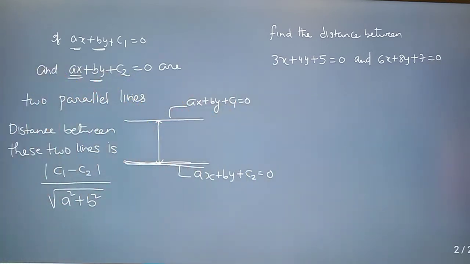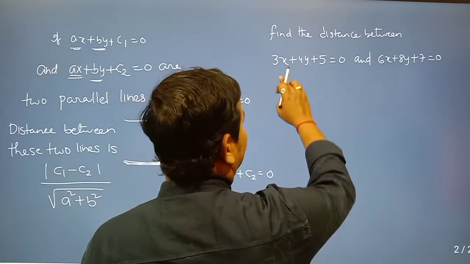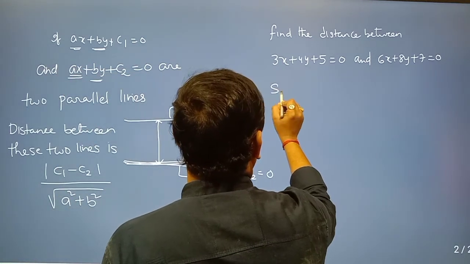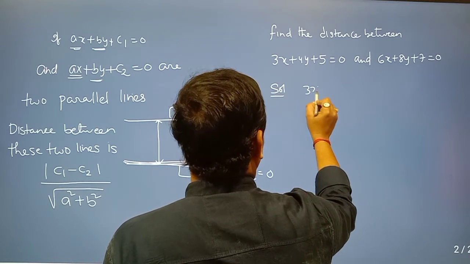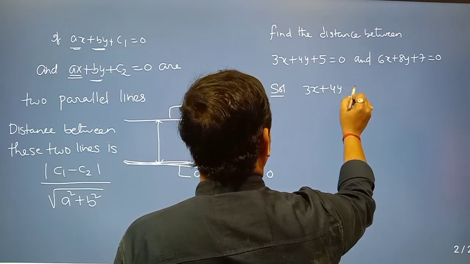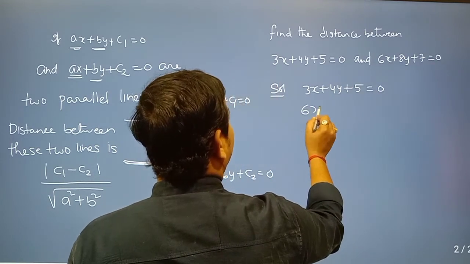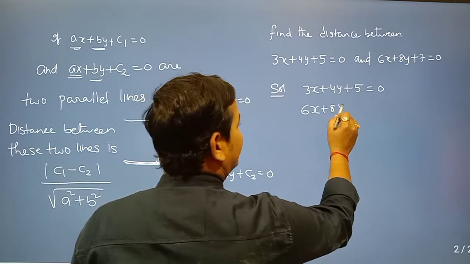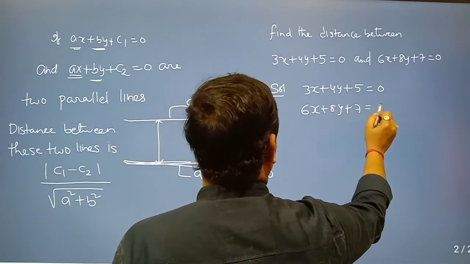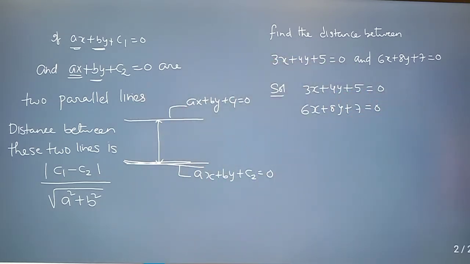I need to find the distance between these two lines. Clearly, in these equations, 3x plus 4y plus 5 is equal to 0 is one line, and 6x plus 8y plus 7 is equal to 0 is the other line.